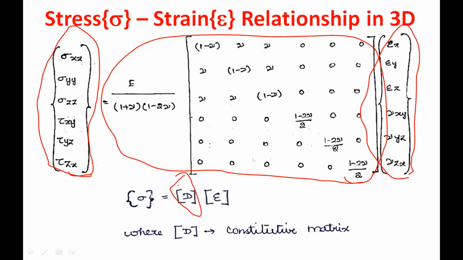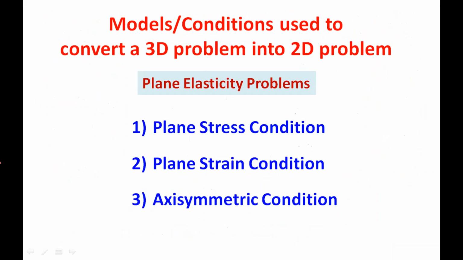If you want to solve problems using the finite element method, normally we try to reduce the three-dimensional problem into 2D or 1D. For that, we have discussed three plane elasticity conditions which are used to reduce a three-dimensional problem into a two-dimensional problem: plane stress condition, plane strain condition, and axisymmetric condition.